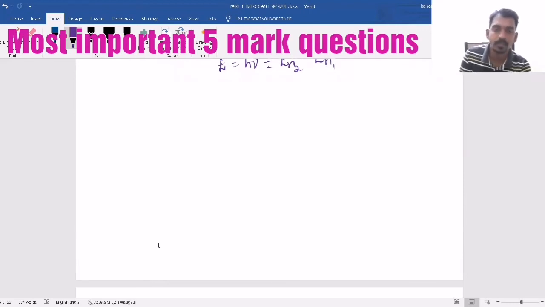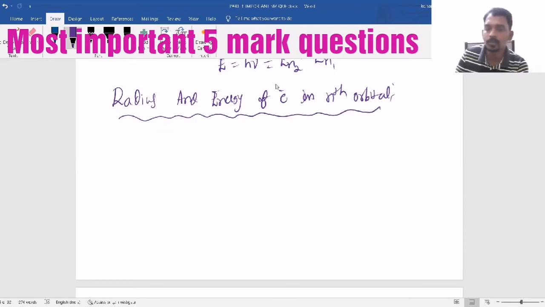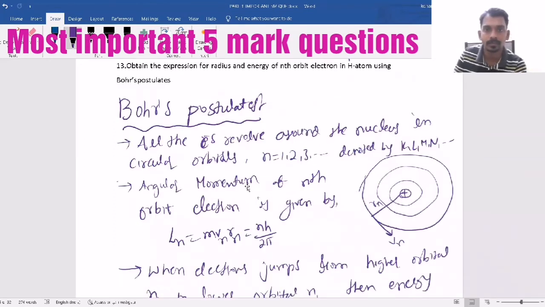Now when you consider the derivation for the radius and energy of the nth orbit electron, we have to understand this one.